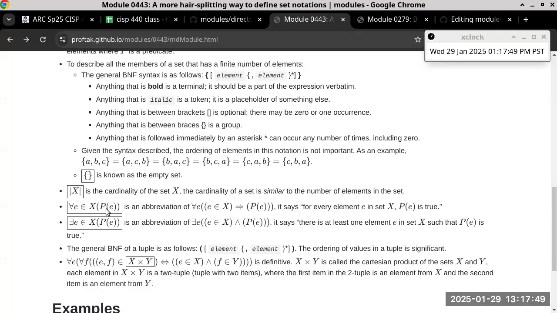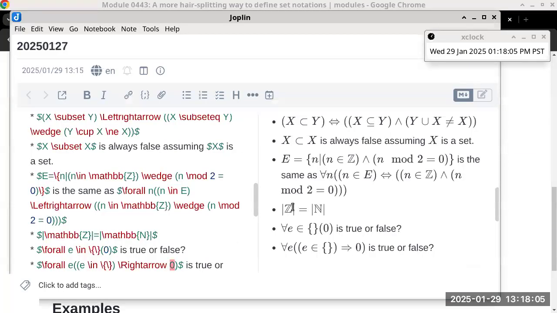P of E is zero, is false. The upside down E is for all. For every E in the entire universe, blah, blah, blah, P of E is true. So P of E in this case is false.